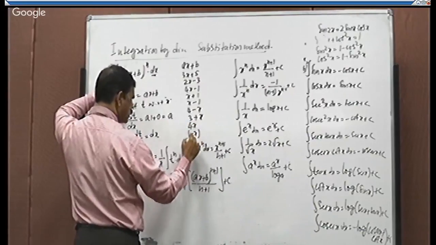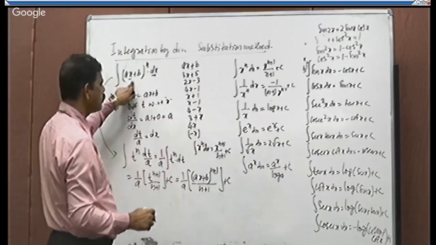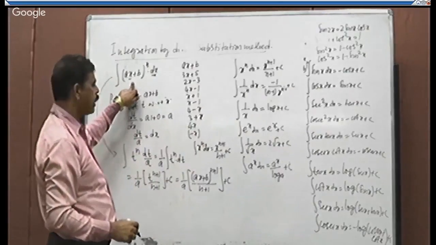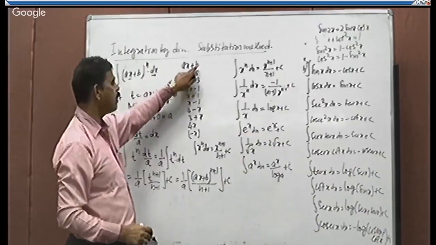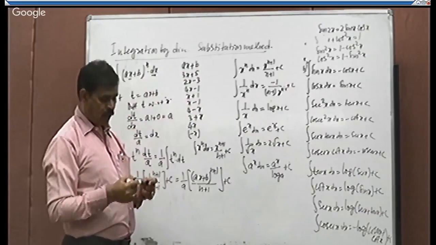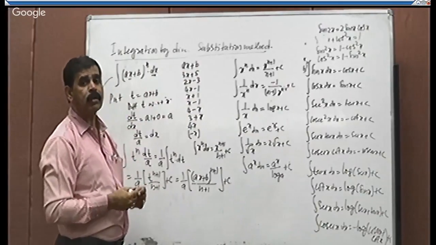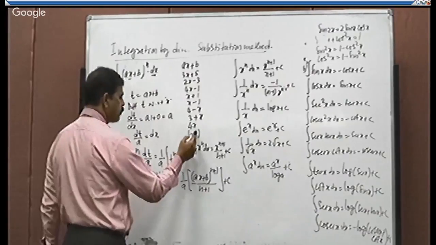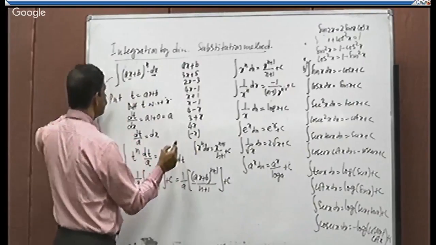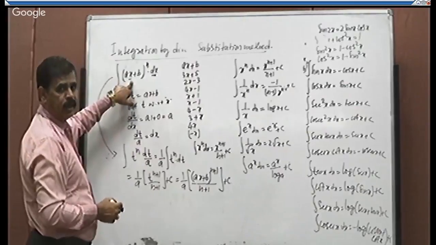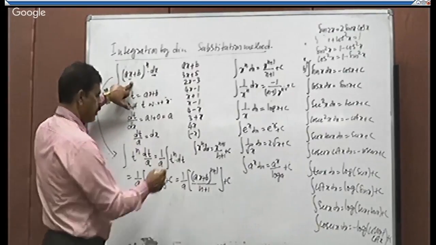Sometimes minus x should also be taken in this form. A and b are any numerical values. They may be positive or negative. Even minus x should be taken as the ax plus b form.